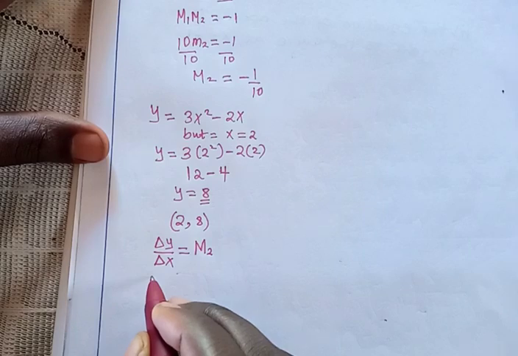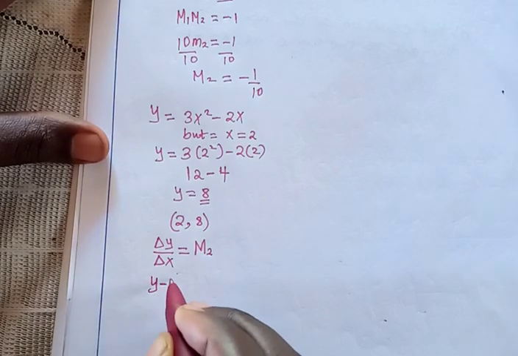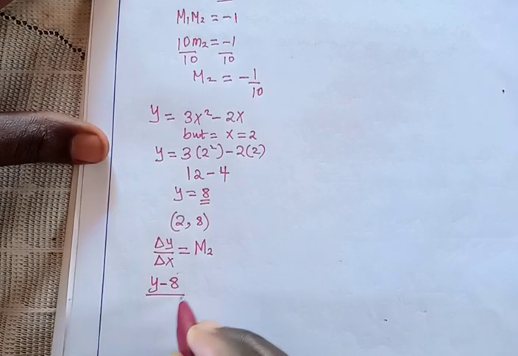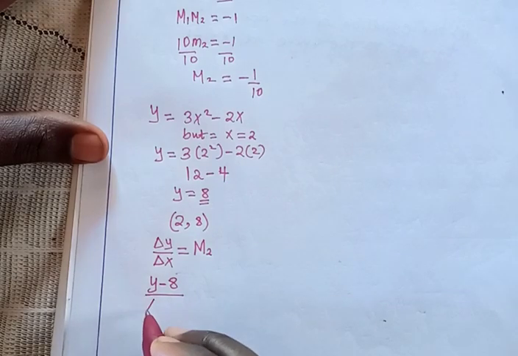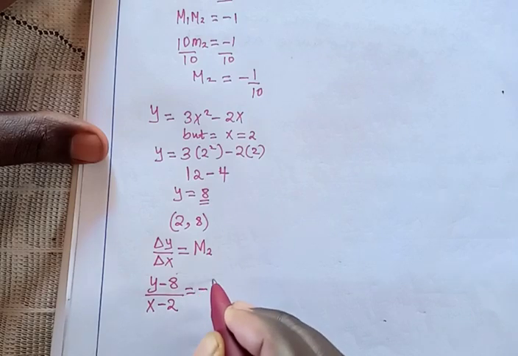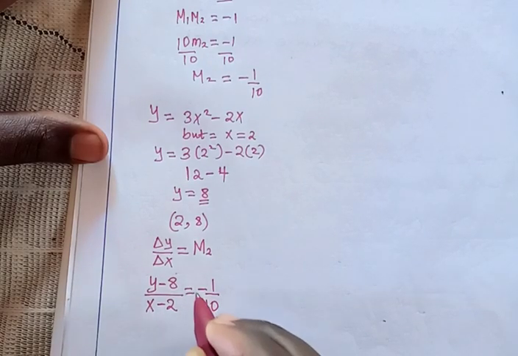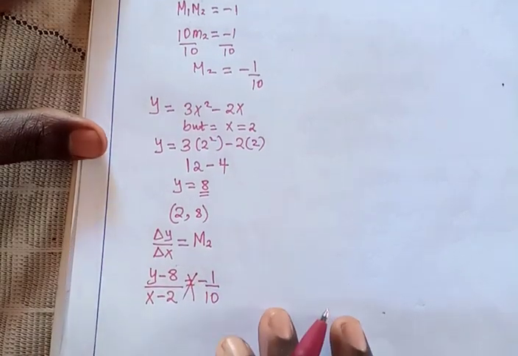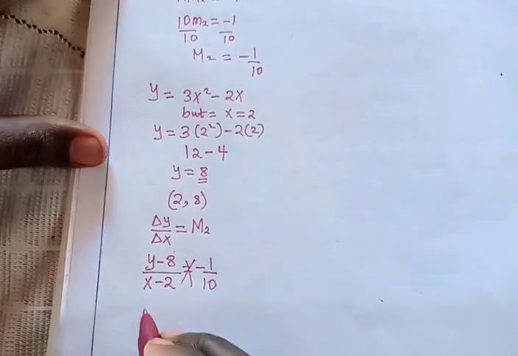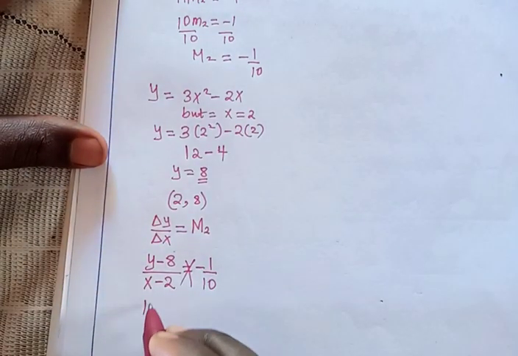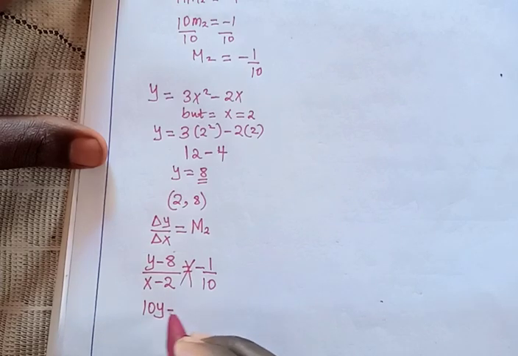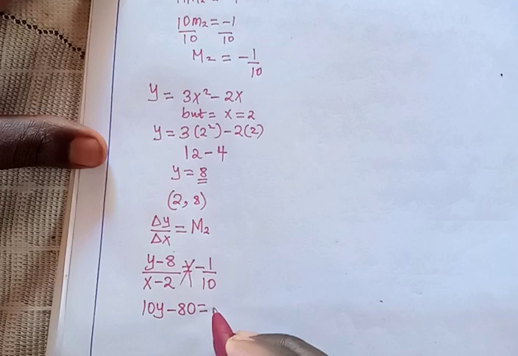We have y minus 8, and we divide by x minus 2, and we equate to -1/10. We do cross multiplication like this, then we shall have 10y minus 80 is equal to -x plus 2.